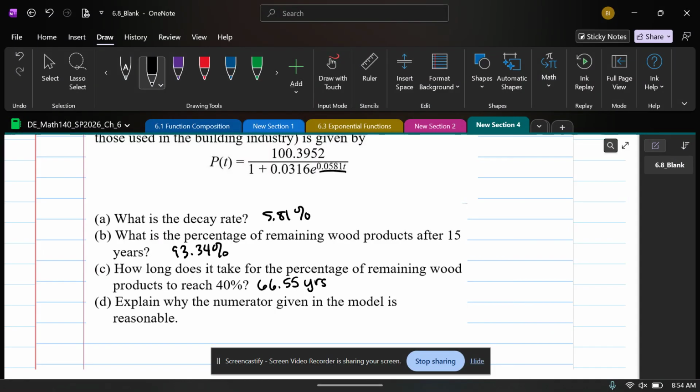Different wood has different properties. Cedar is really resistant to decay. Maple is pretty resistant. Oak is really resistant. That's why you see a lot of furniture made out of oak, because it's really resistant. It's also very dense, heavy out of that. So 100% would be best case scenario.